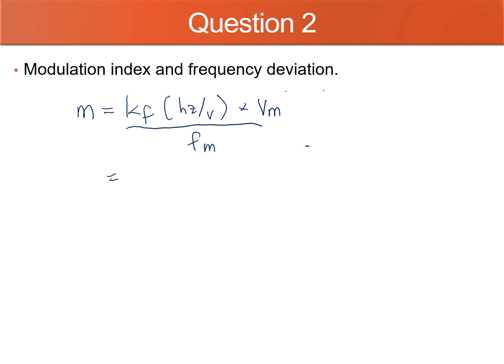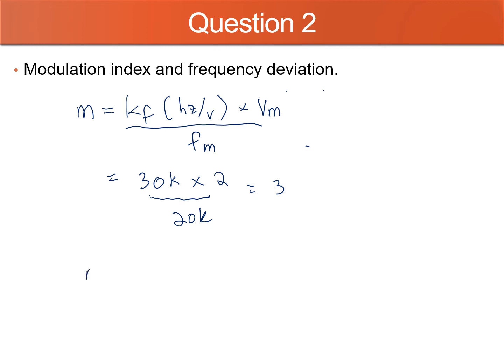So substitute all the information: Kf equals 30 kHz per volt times Vm, which is 2 volt, divided by fm, 20 kHz, is equal to 3. Now your modulation index is 3.